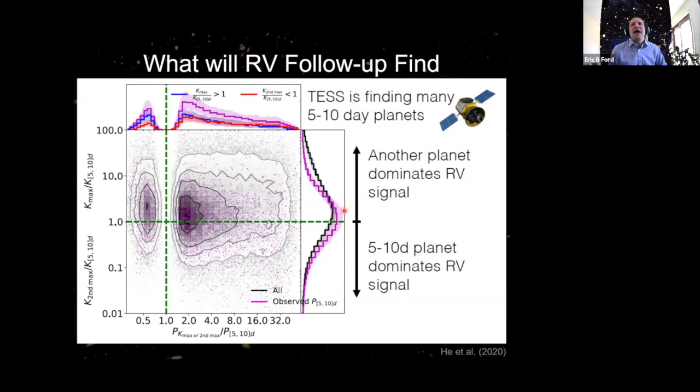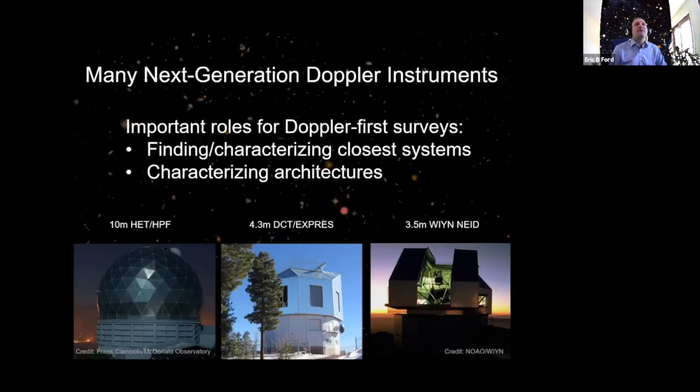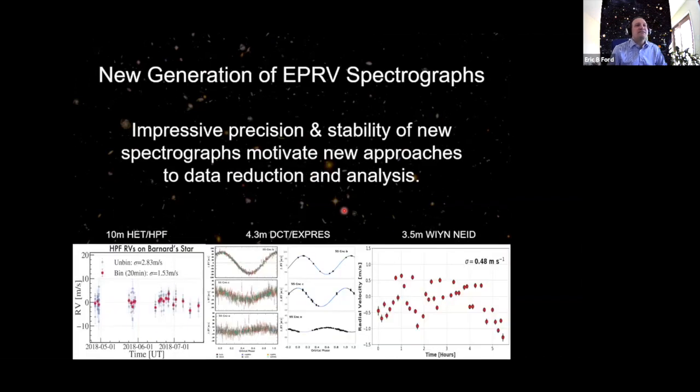So coming back to the dramatic improvement in the radial velocity game, I think a lot of the lore stalled at 1 meter per second precision for a long time, but now there are instruments that are pushing below that. So in the near infrared, HPF is now getting 1.5 meters per second for real stars, which was way better than what you'd heard before.